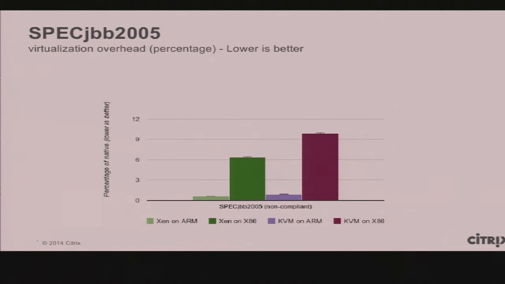Another thing to keep in mind is that SPECjbb and Java in absolute numbers are much faster on x86 than on ARM, because Java is far more optimized on x86. So this might also affect the overhead.